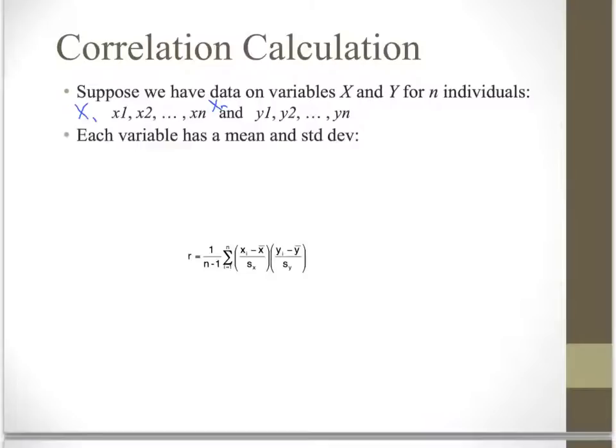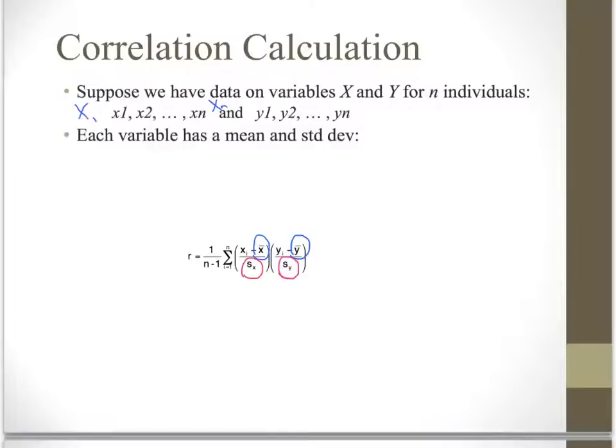Now each variable x and y is going to have a mean and a standard deviation that we can calculate. We've already learned how to calculate the mean and the standard deviation for a variable. So x bar in this formula is the mean of x's, y bar is the mean of y's. S sub x is the standard deviation of the x's, and S sub y is the standard deviation of the y's.